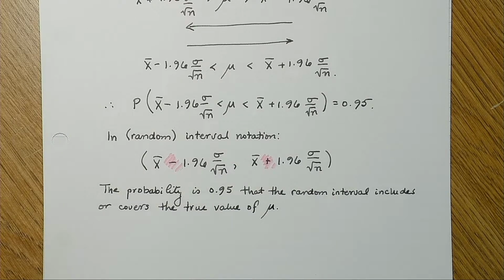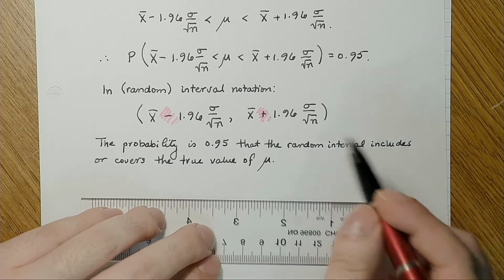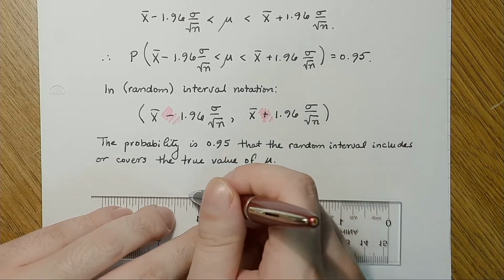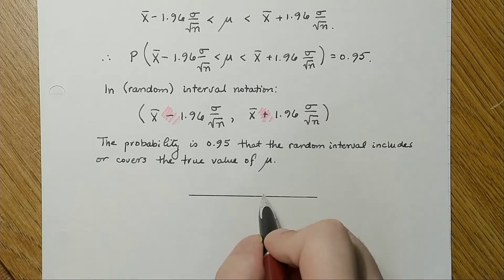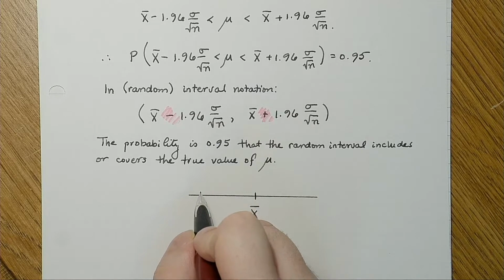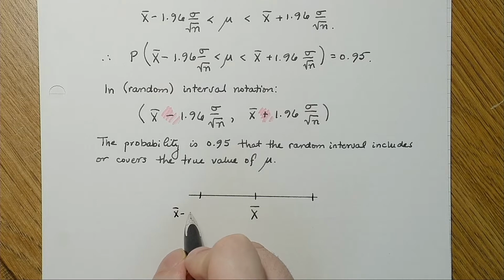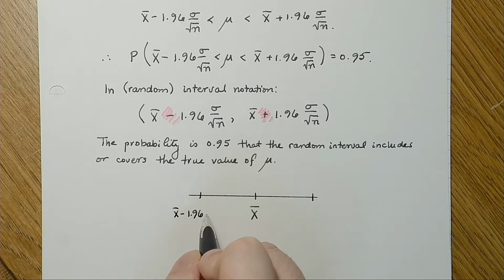So before any experiment is performed, or before you collect any data, it's quite likely that mu will be inside of that interval. Okay, so just as a little diagram, we'll have x bar, and here's our interval. So we'll have x bar minus our 1.96.